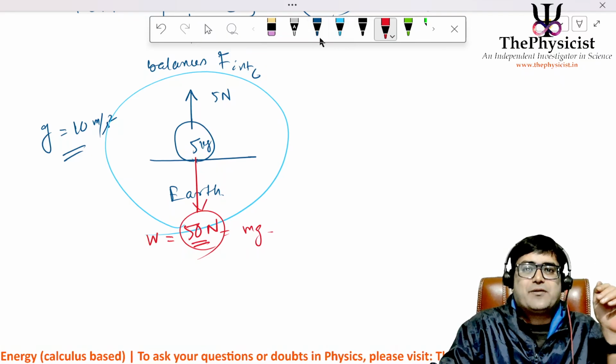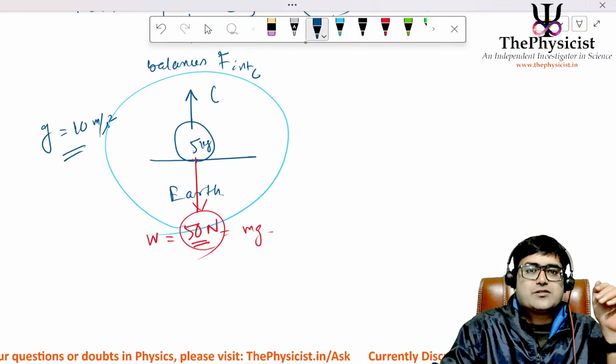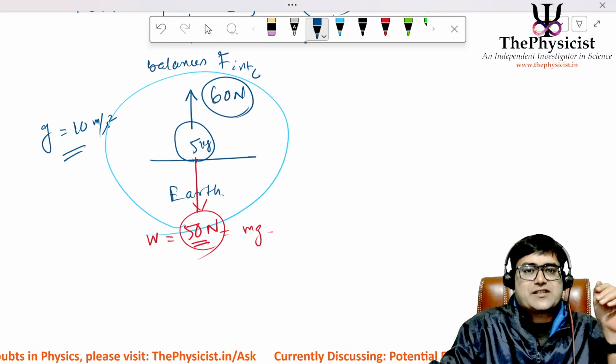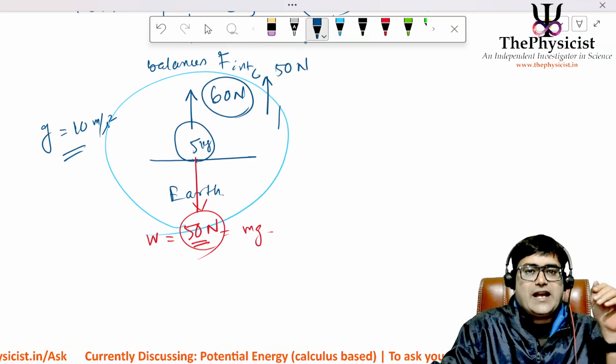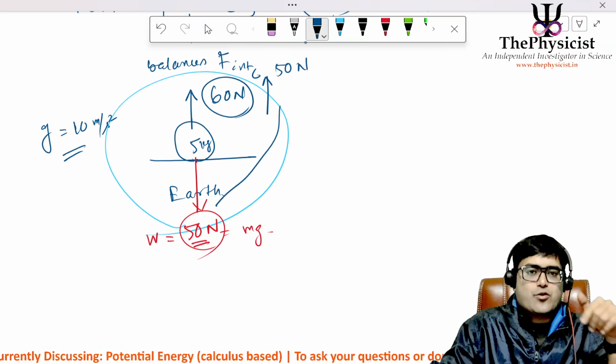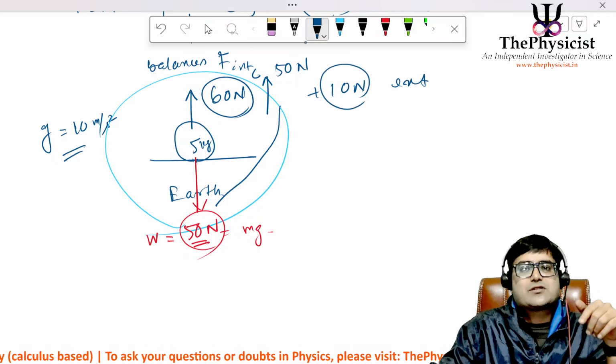Imagine I end up applying a force of 60 newtons. Out of the 60 newton, 50 newton will counter the downward 50 newton, and the extra 10 newton is the extra force.